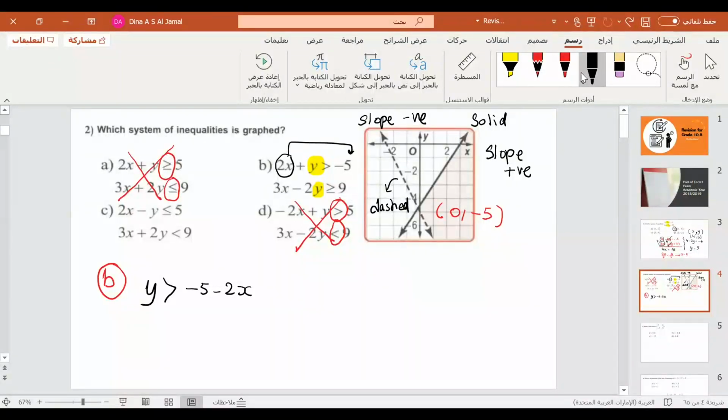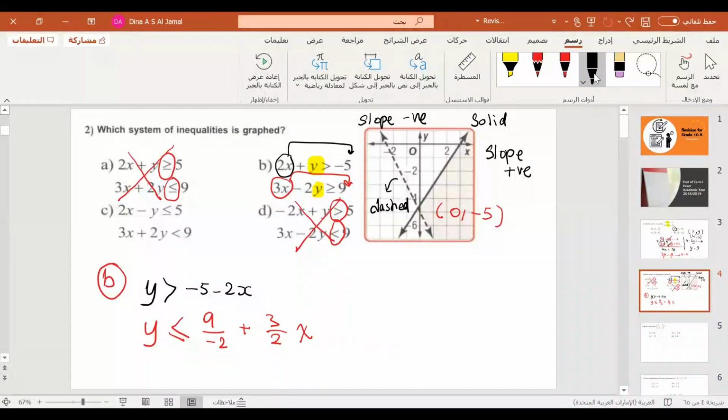For the other one, you move 3x, then divide by -2, so the sign of the inequality changes. So y is less than or equal to 9 over -2 plus 3 over 2 x.